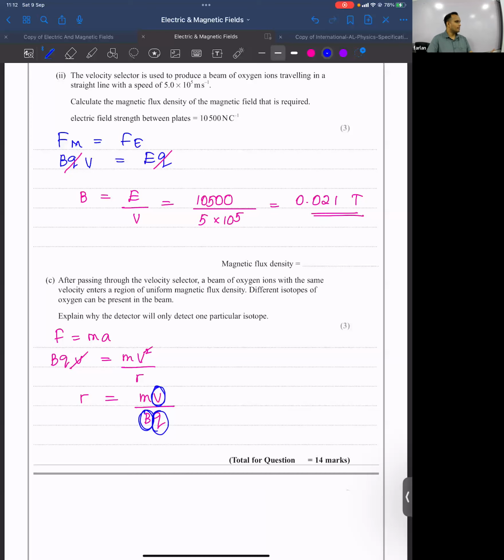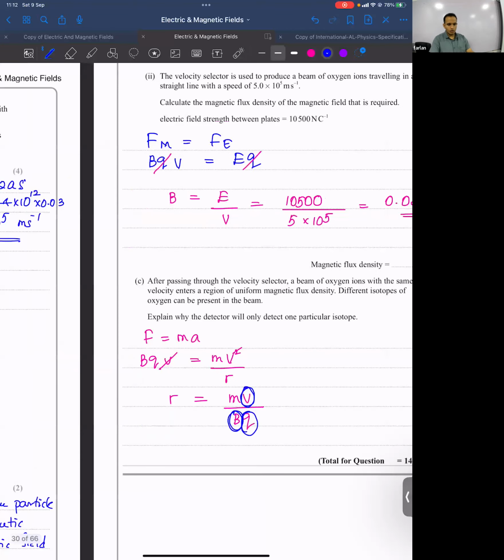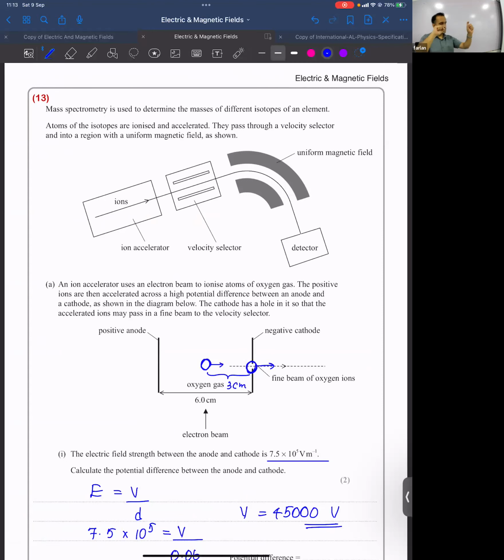So their masses being different means their radius will be different. So the particles which have exactly the radius of curvature required will only be detected by the detector. Those which have a different radius from what is required will end up somewhere else.